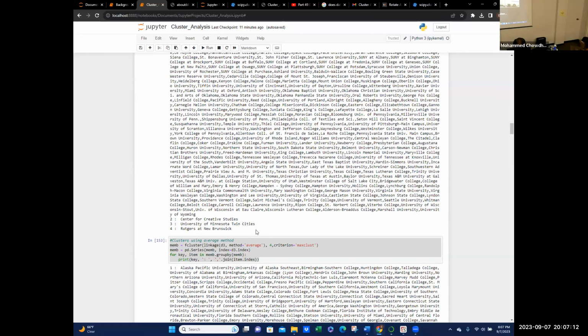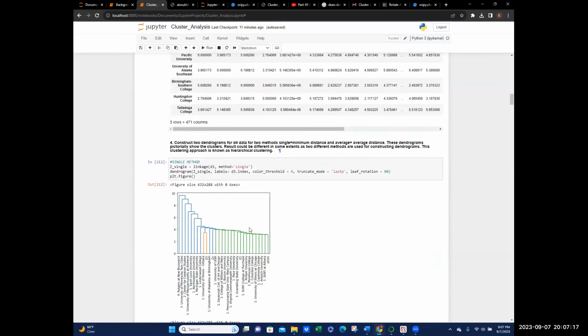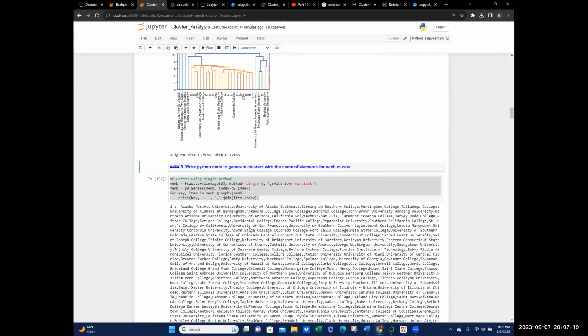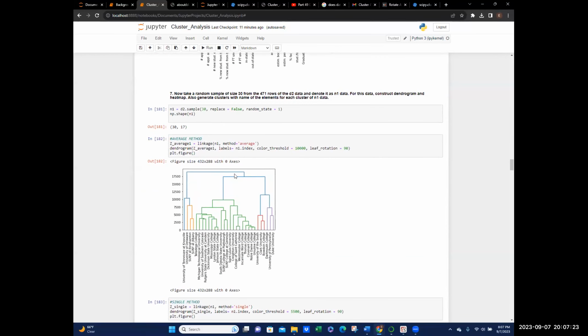Okay. And then I also did normalization for question 7, because in the book he uses normalized instead of the D2, so I just included that.